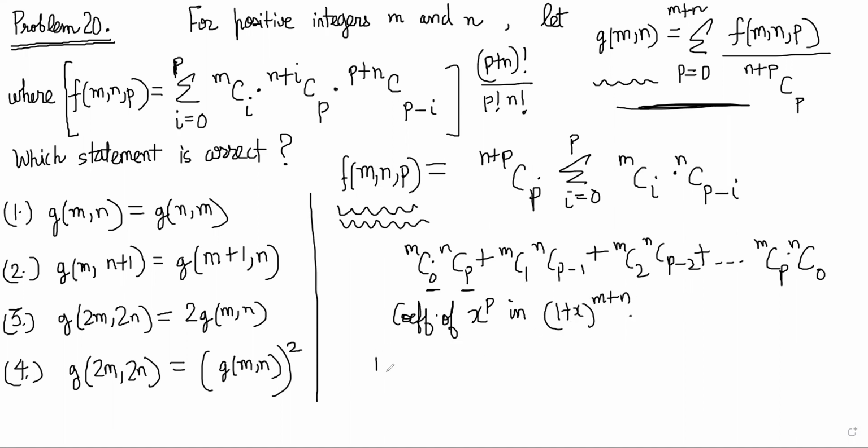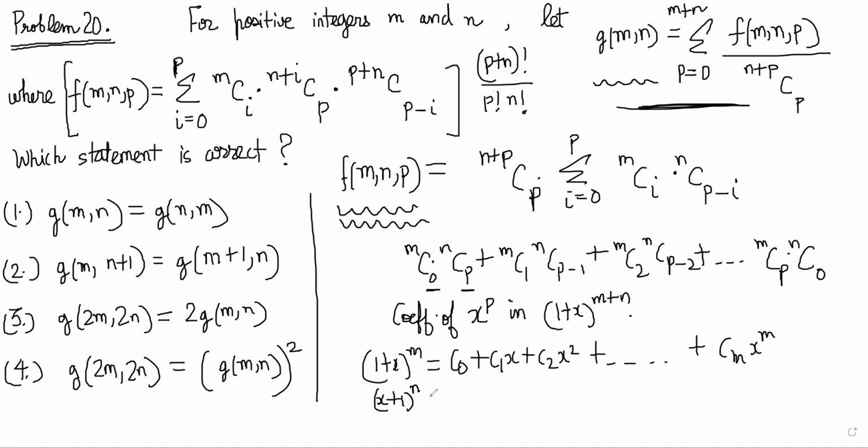Why? You can write 1 plus x power m like this. It will be C0 plus C1 x plus C2 x square, and so on till Cm x power m. And you can write 1 plus x power n in the opposite order, x plus 1 power n, as C0 x power n plus C1 x power n minus 1, and so on till Cn x power 0.